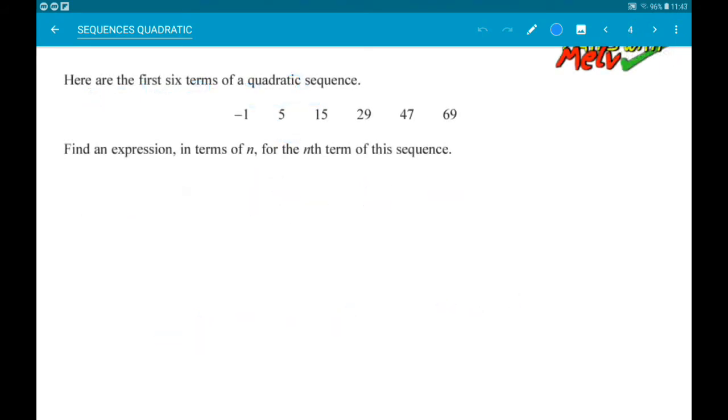Question 2, we have the first 6 terms of a quadratic sequence and want to work out the nth term. So let's write it down below. Okay, so the first thing we need are the first differences.